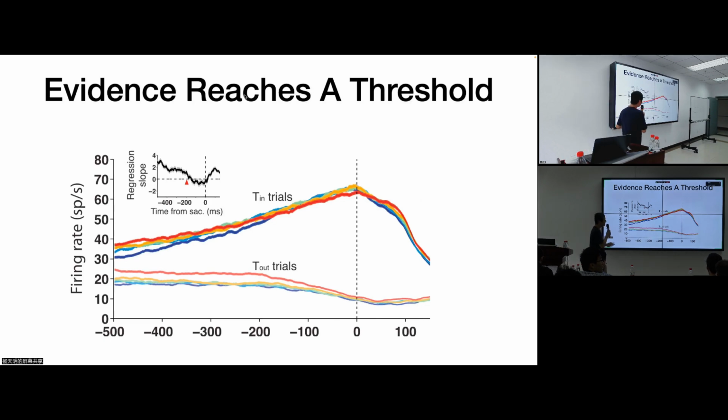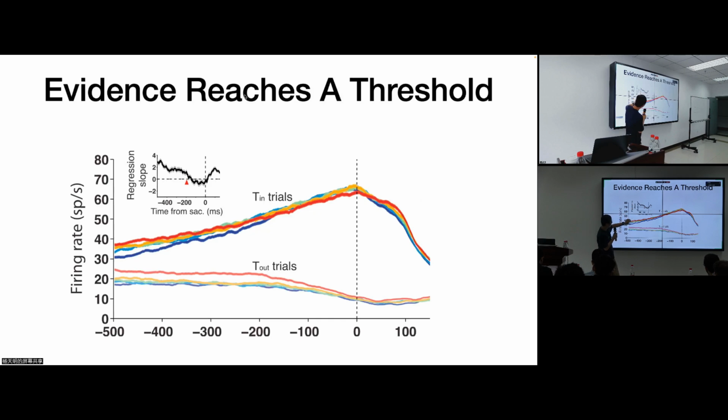Okay, so on the other hand, by the time the monkey is making a choice, you can see all the choices converge together, as would be the case for SPRT. So here we're computing the slope. The slope is basically the response difference under different evidence conditions.